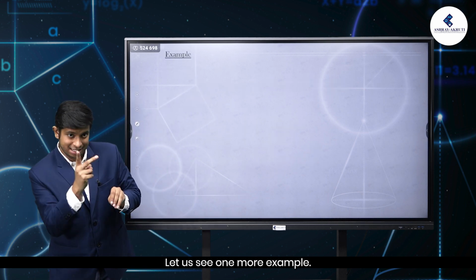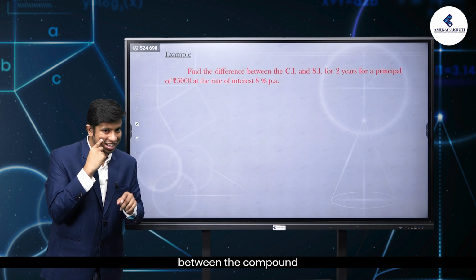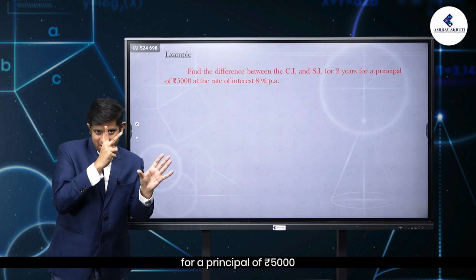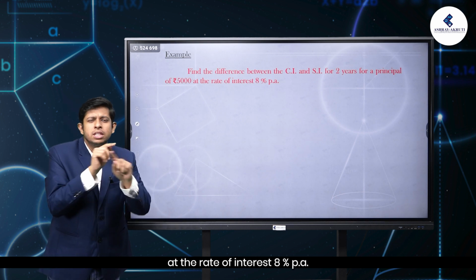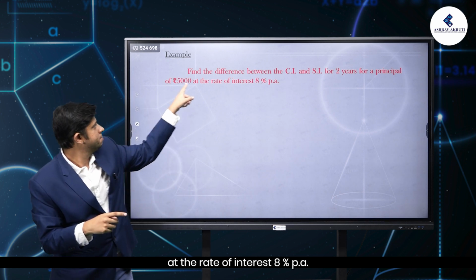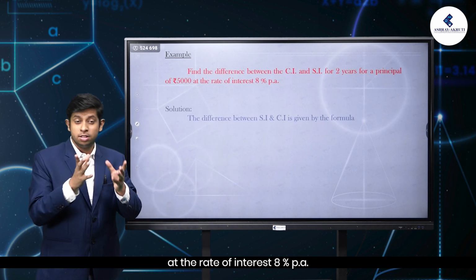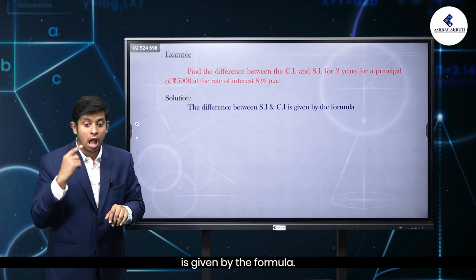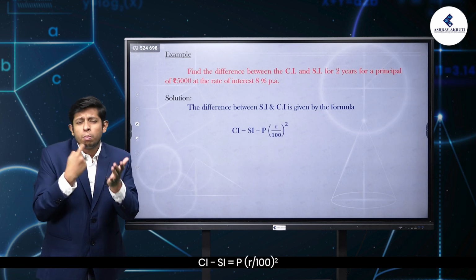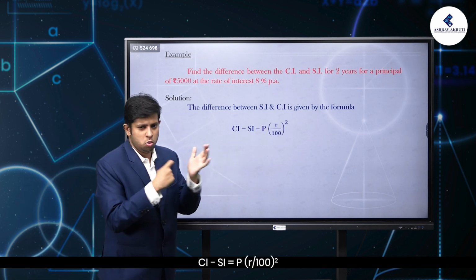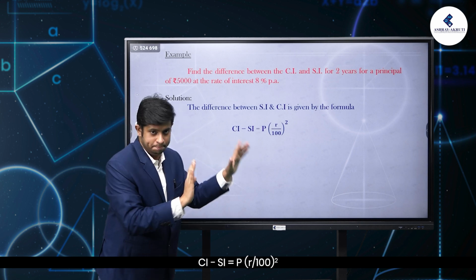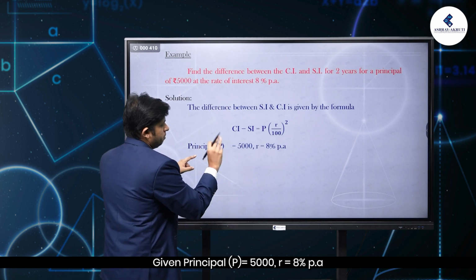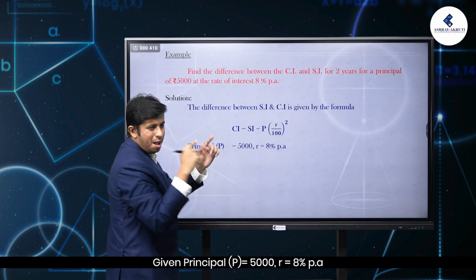Let us see one more example. Find the difference between the compound interest and simple interest for 2 years for a principal of rupees 5000 at the rate of interest 8% per annum. Solution. The difference is given by the formula compound interest minus simple interest is equal to P into R by 100 whole square. Given principal P is equal to 5000, R is equal to 8% per annum.